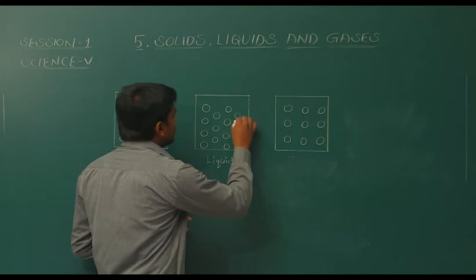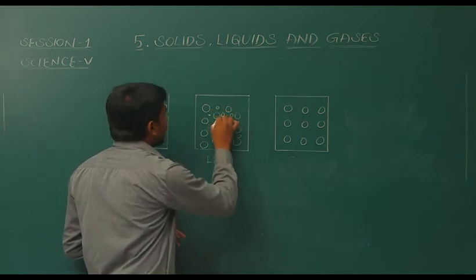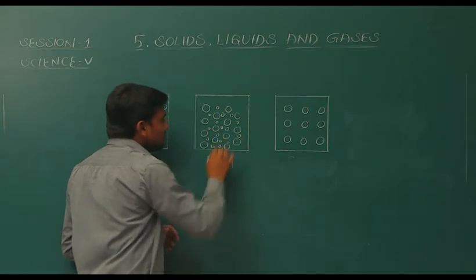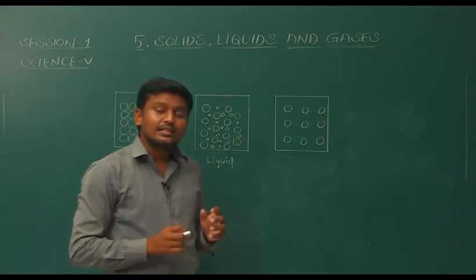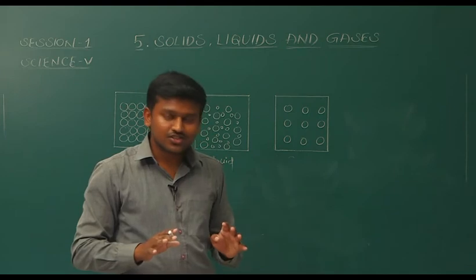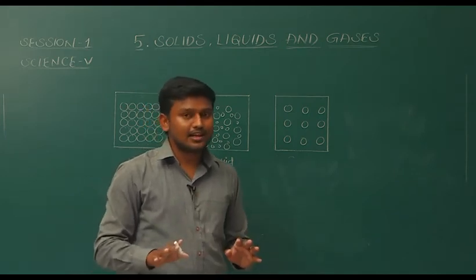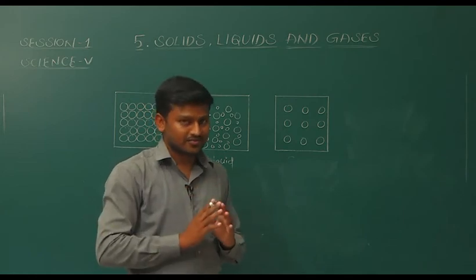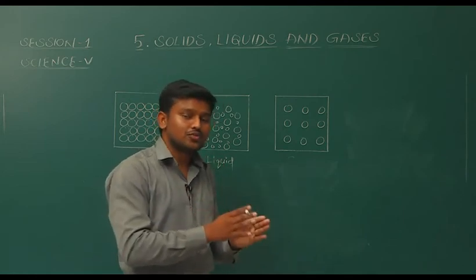They arrange themselves in between the molecules of water. For this reason, the level of the water does not change. There will be no increase in the level of water, but still sugar dissolves in water completely.